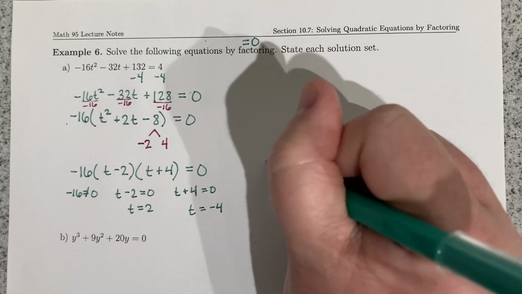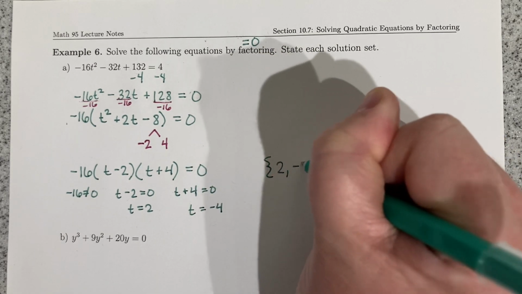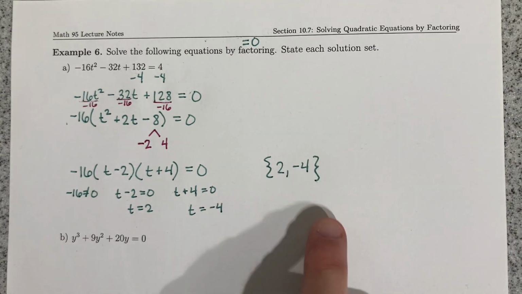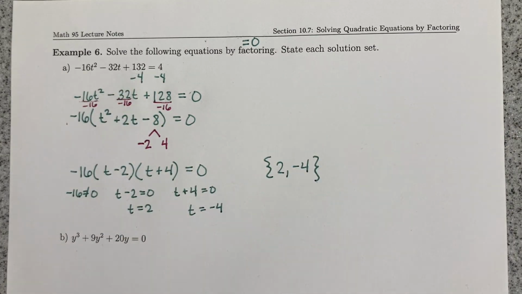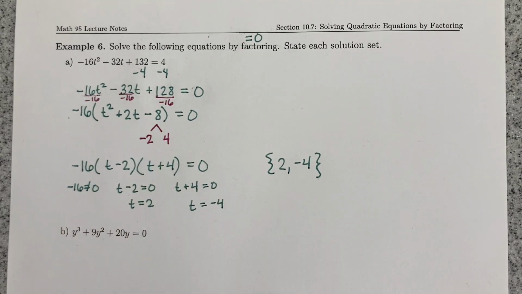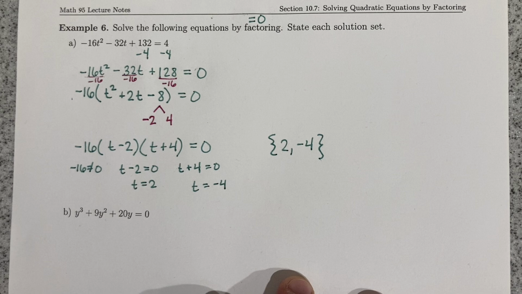So our solution set is 2 and negative 4. Nice. We could check by plugging it into the original, but the directions don't even say we have to check. So I'll leave that up to you if you want to see that they work.